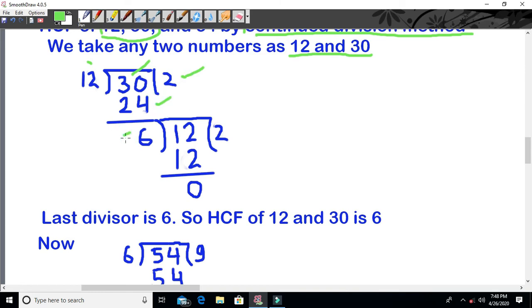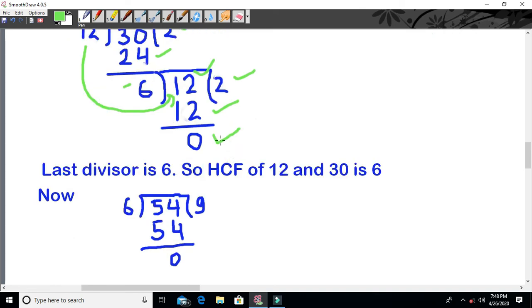So the remainder is not 0, so it is the continued division method. This 12 will come here, and now 6 is the divisor and 12 is the dividend. Now 12 divided by 6, how many times will it go? 2 times. 6 twos are 12. So you get 0 remainder.